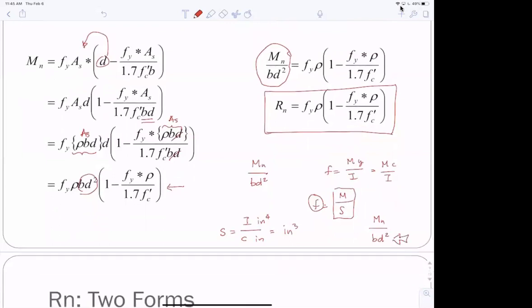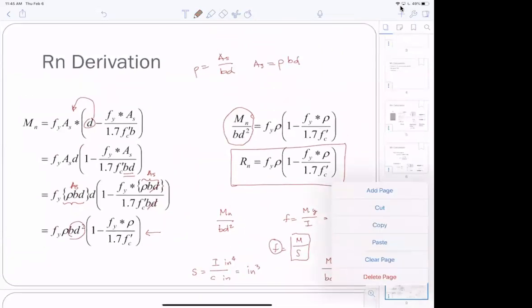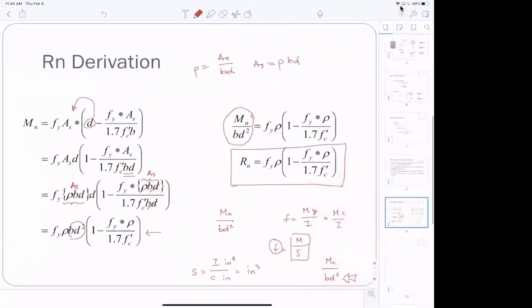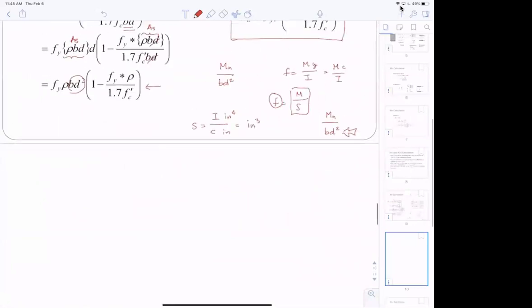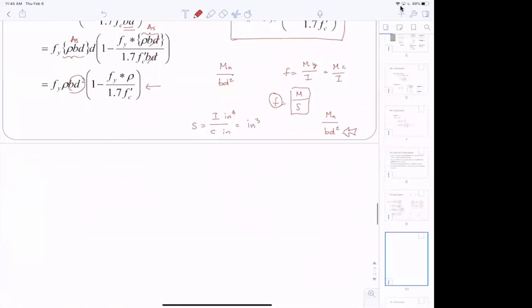In fact, let me add a page here, continue this discussion. So let's just talk about this Mn over bd squared. Let's take a rectangle, and call it b times d. I is 1/12 bd cubed. c, the distance to the top, is d over 2.